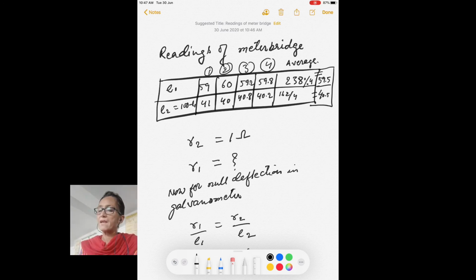So here we have the readings. We have taken 4 readings for length L1 and the corresponding length L2. And L2 will be equal to 100 centimeter minus L1. Then I took the average of all these 4 values, and so average L1 came equal to 59.5, and average L2 came 40.5.